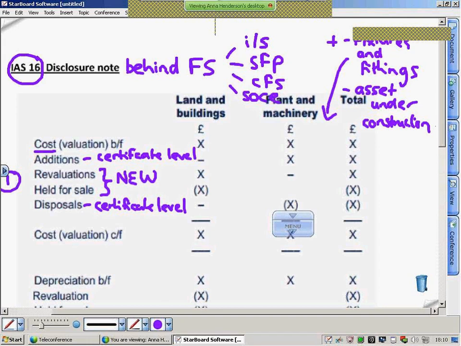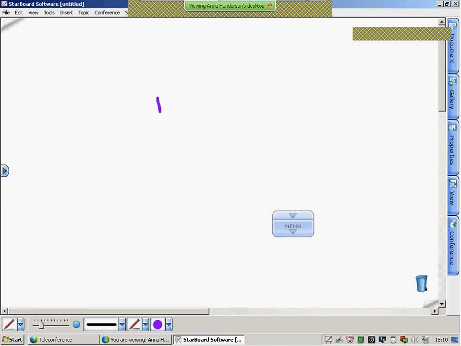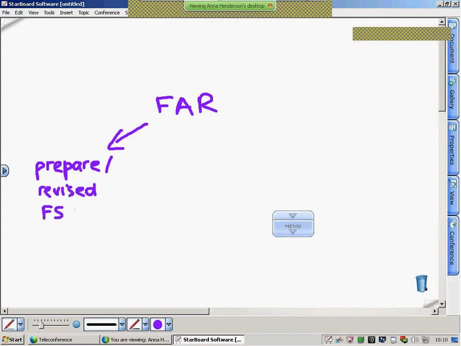The thing that the examiner is going to do then in FAR, and just to start warming you up for FAR as a paper, in the FAR exam is a prepare or revise the statement question. That's going to be similar to the long question that we saw at certificate level.